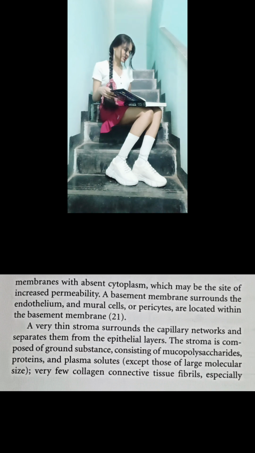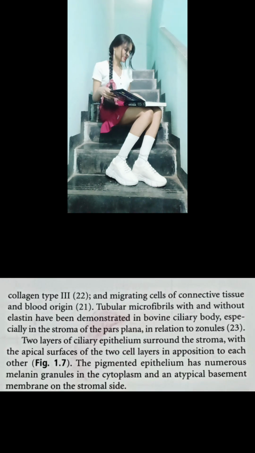There are very few collagen connective tissue fibrils, especially collagen type 3, and migrating cells which are of connective tissue and blood origin. Tubular microfibrils with and without elastin have been demonstrated in bovine ciliary body, especially in the stroma of the pars plana in relation to zonules.